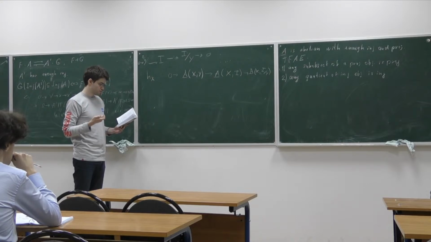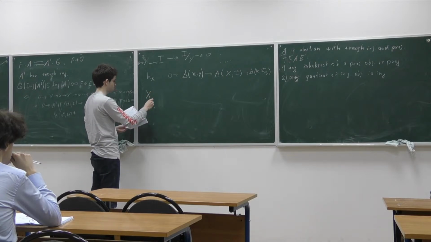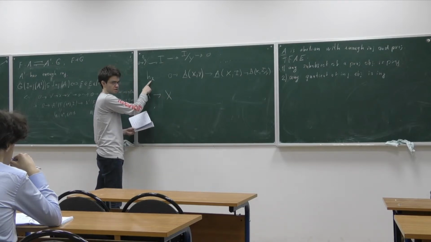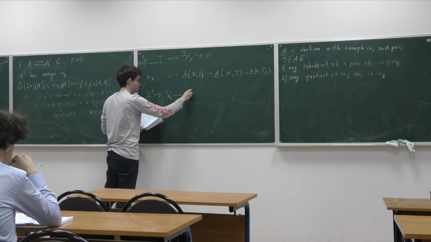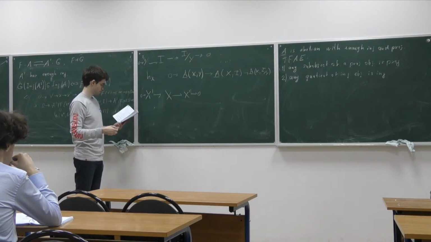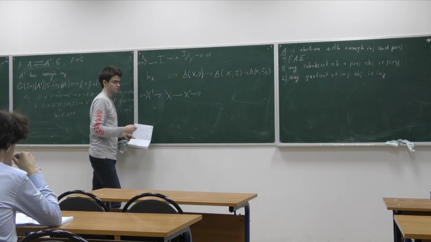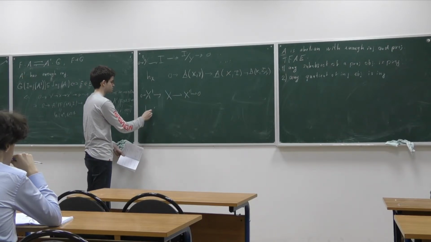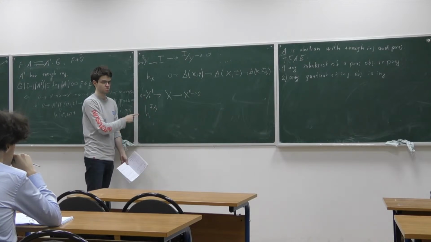But how is it related to our task actually? Well, what we want to show is that if we have an exact sequence, this will be the same as here. We want to just apply the definition of the injective object for this. And the definition is that this functor is exact on this sequence.